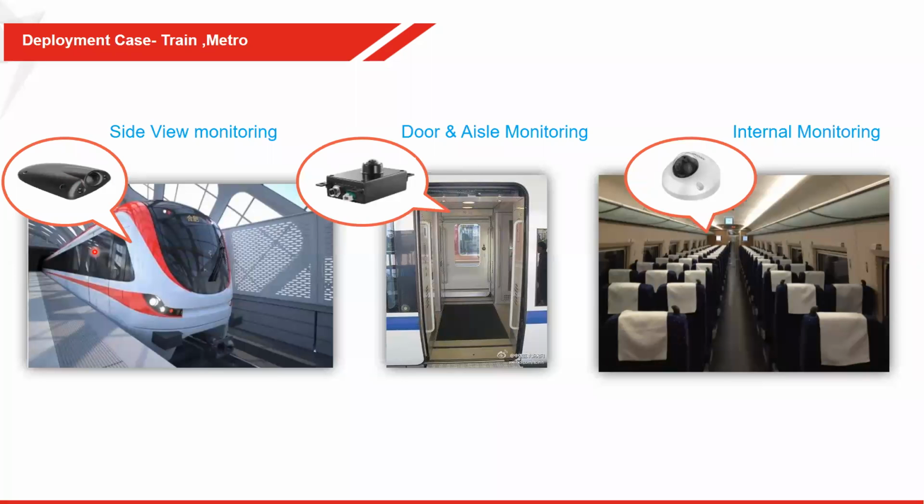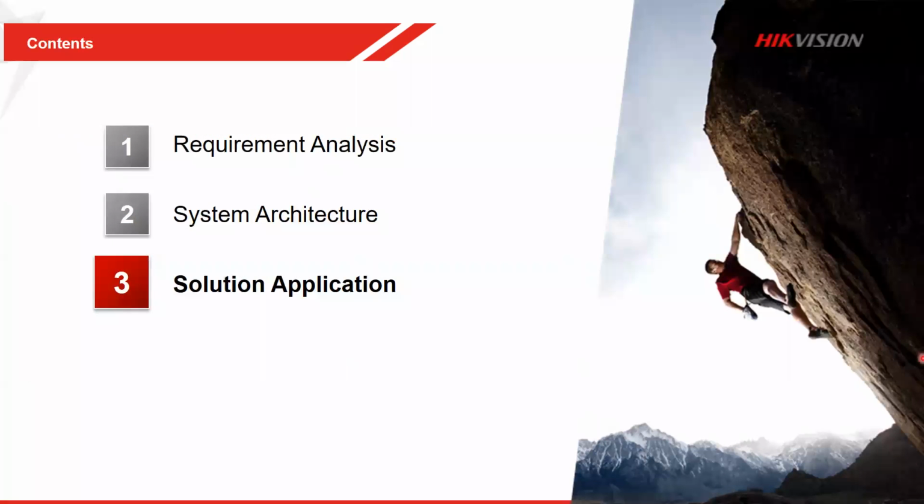So we can monitor on the side of the train as well, to know if there are people trying to cross over tracks, aisle and door monitoring, and then internal monitoring of passengers within the train facility to monitor for particular incidents, but also to have video evidence if incidents do occur.